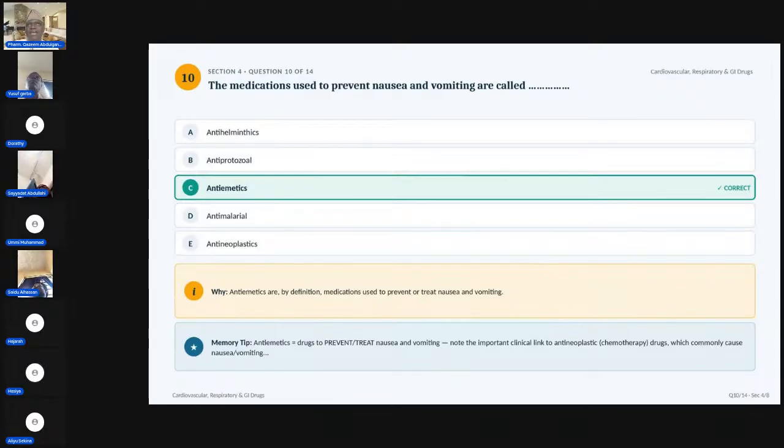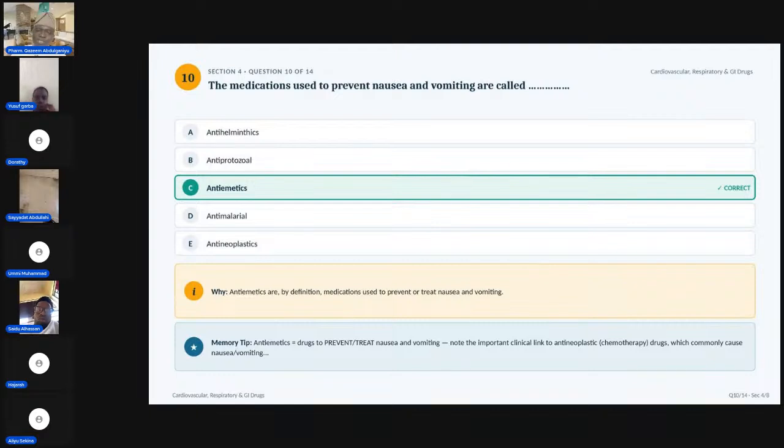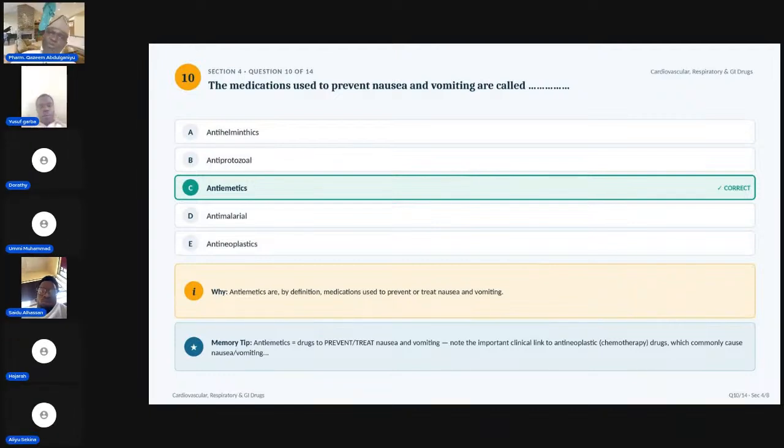Antiemetic. So if somebody wants to ask the question the opposite way, they could say nausea and vomiting is called what? What's the biological term of nausea and vomiting? I could change the question. That is emesis. Emesis. All right? So this person is saying antiemetic.